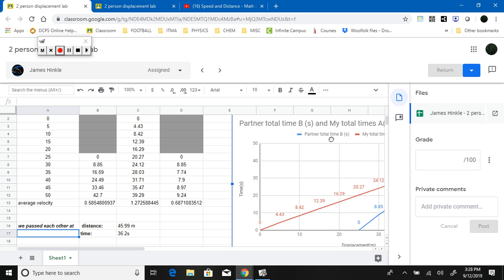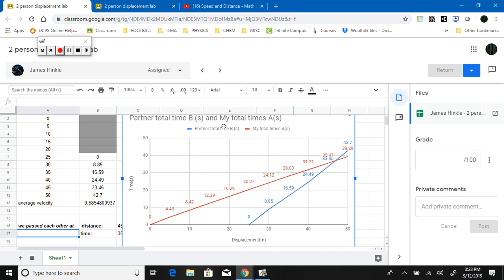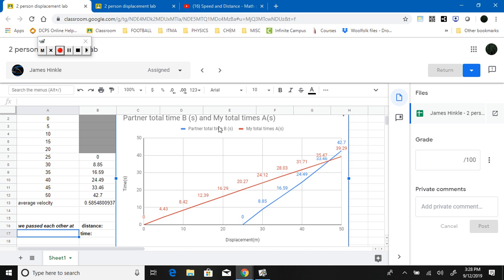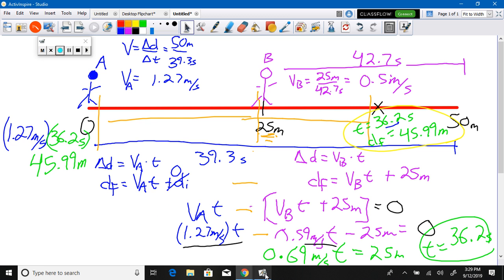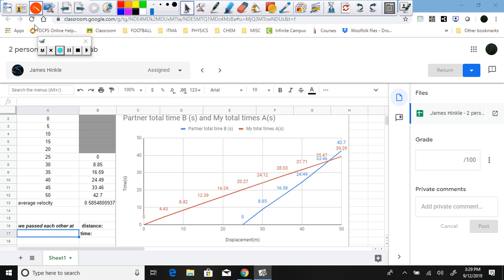Here, people actually did this. These were human beings that actually generated this data. We had to flip the distance and time, but that's okay, because this is the displacement, and the displacement, as you can see, is approximately 46 meters, and the time is approximately 36 seconds. Sorry, I can't draw in straight lines.